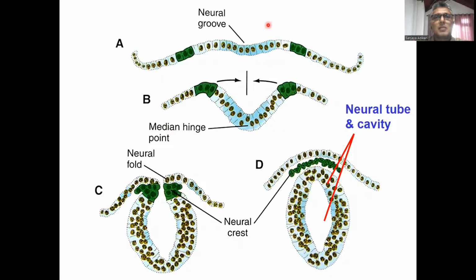This is the dorsal aspect, the posterior aspect of the embryo, and this is the ectoderm that was there, and in this middle strip, along the length of the body, a groove is formed. Initially, the ectoderm differentiates into neuroectoderm, and in the middle of the neuroectodermal area, which is called the neural plate, this whole thing is the neural plate.